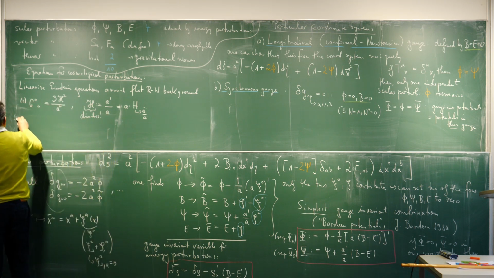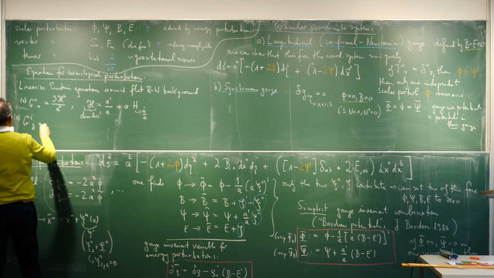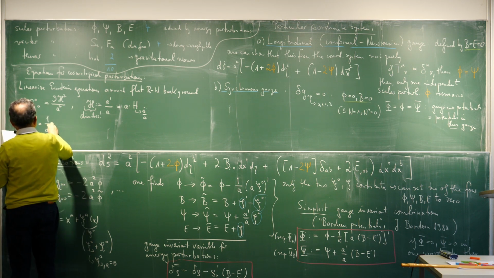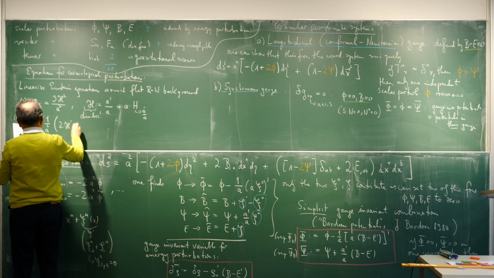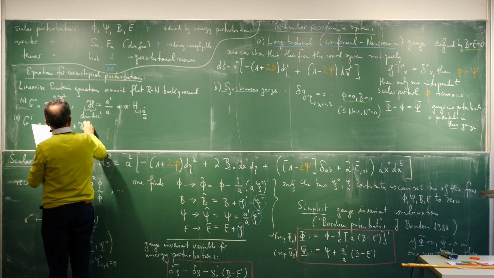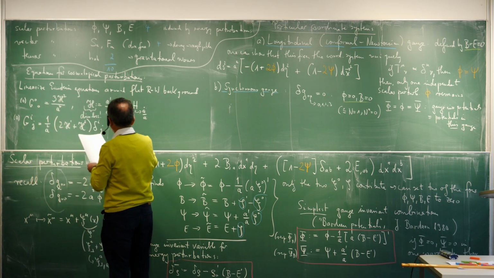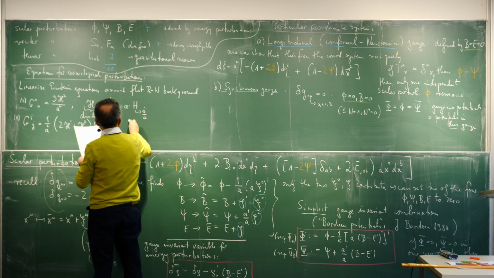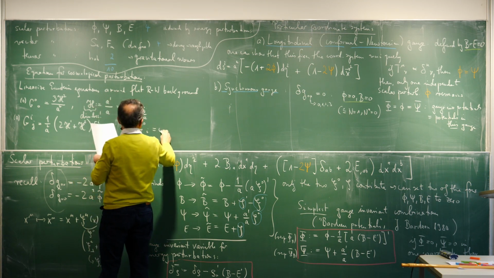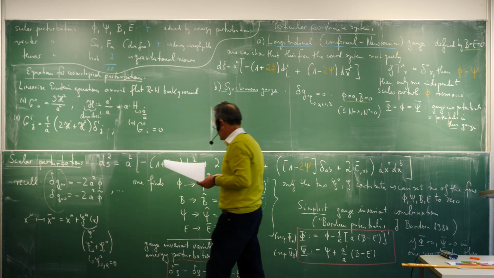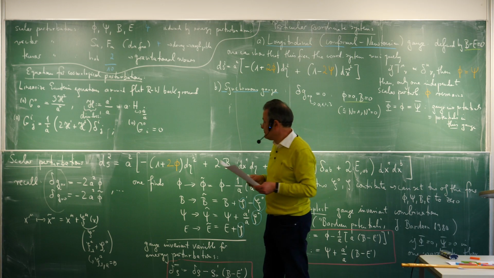Then the G_ij turns out to be 1 over a squared, times 2 h prime plus curly h squared, times delta ij, and the spatial non-diagonal components G_0i of the equations are 0.